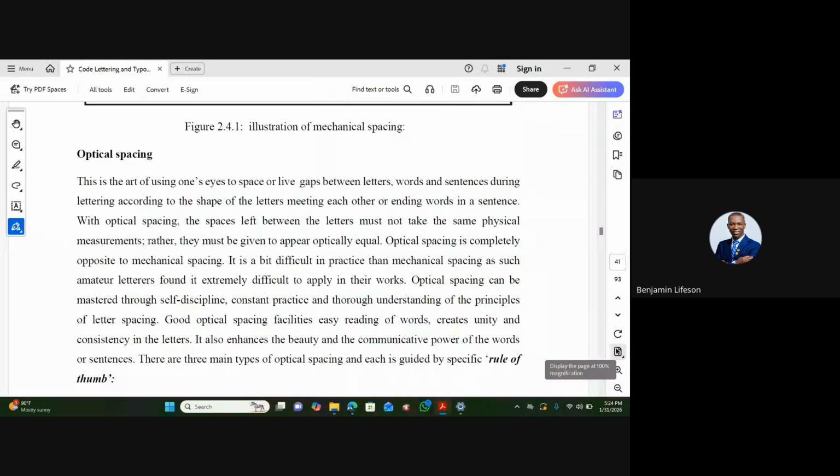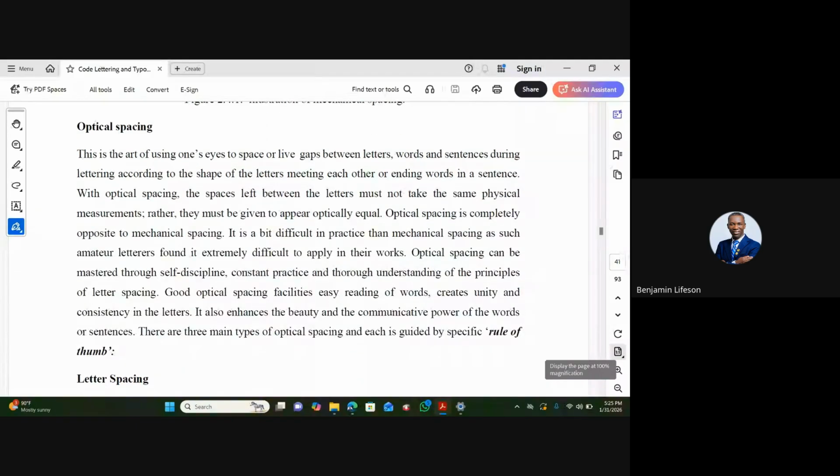Then maybe if I look at L and P, L is having a space within. P is straight. So maybe instead of 1.5, I'll use 1. So it is my eye that is guiding me to space it out. That is what we call optic. Optic means eye. Optical spacing, a spacing that is guided by the eye. So let us proceed quickly.